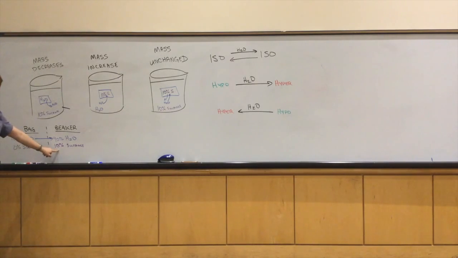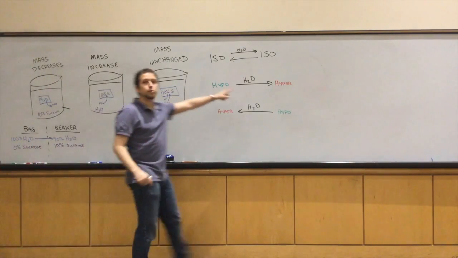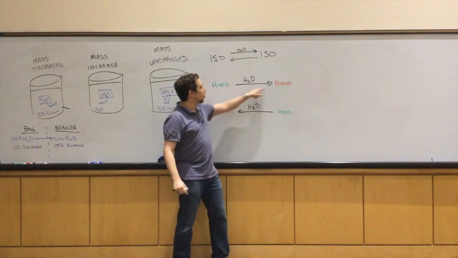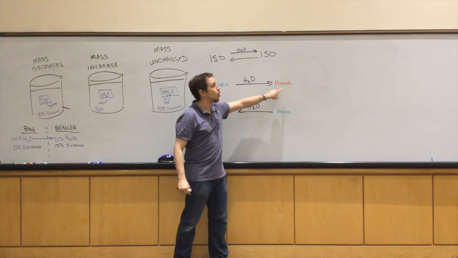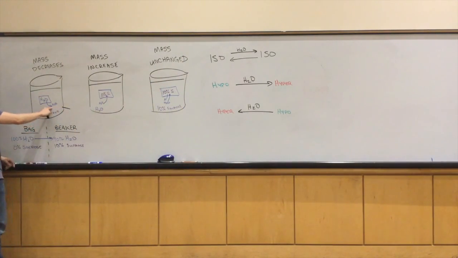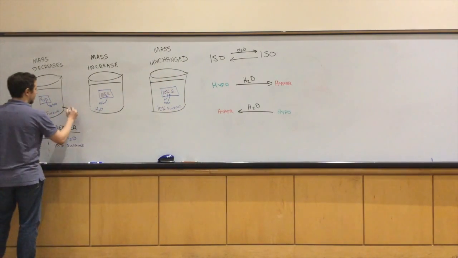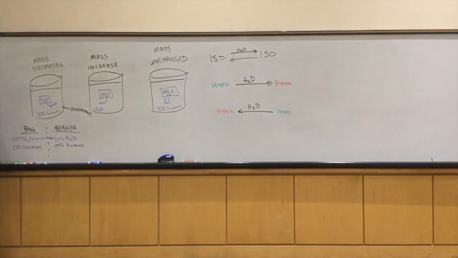Solute is your sugar. We do have a higher level of solute here in the beaker, meaning that that is hypertonic. But the other way you can tell is based off of what I drew for you here. Water always moves towards the hypertonic solution. The arrowhead always points at the hypertonic solution, and that's exactly what this water's arrowhead is doing. So this is going to be a hypertonic solution compared to the solution in the bag.